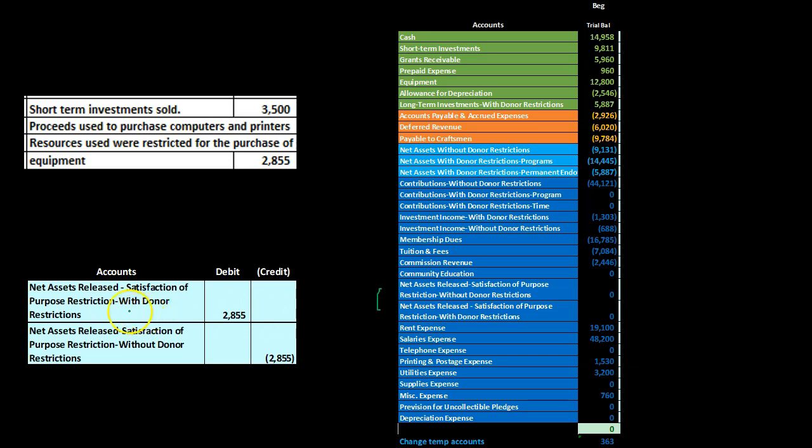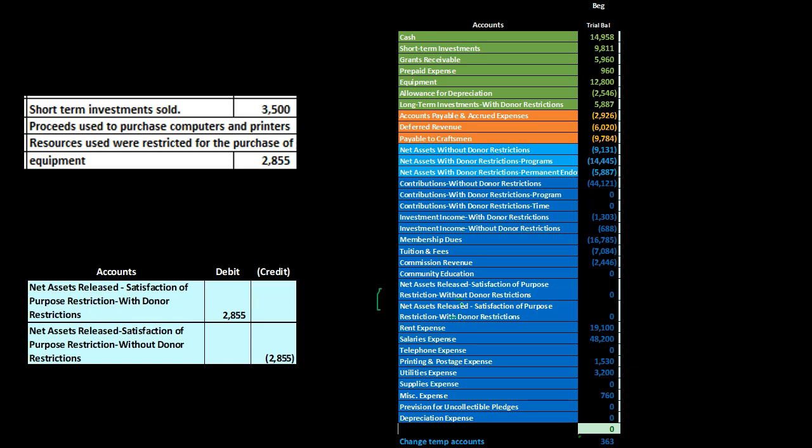They're called, and you can read them better over here, net assets released, satisfaction of purpose restriction with donor restrictions, and the same thing, however, without donor restrictions. If you see them over here, they're on basically what would be similar to the income statement, the statement of activities. And you can see the keywords here is one without restriction, one with restriction. Now the one without restriction is the one that's going to be going up.